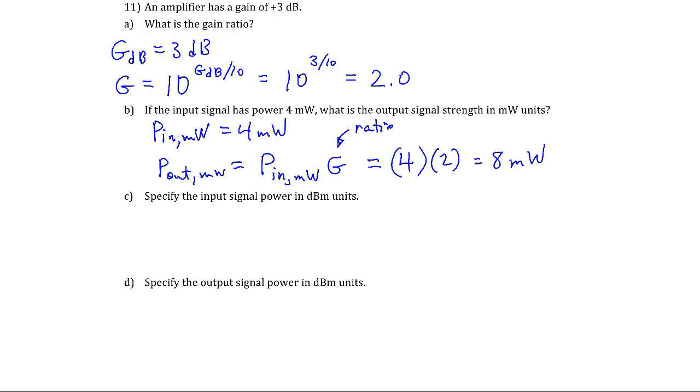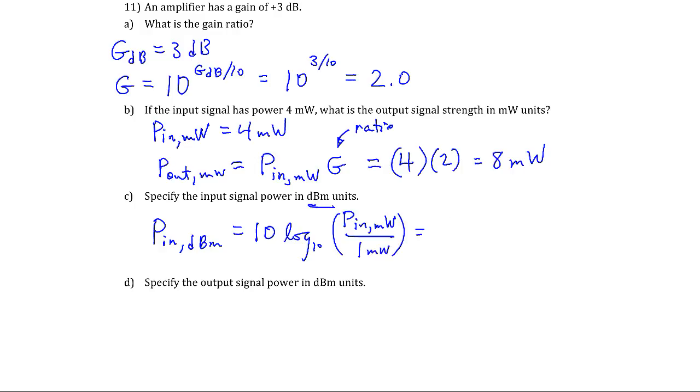Now we're going to go ahead and convert our input power into dBm units. P in dBm is 10 log base 10 of P in milliwatts over 1 milliwatt. And this is 10 log 10 of P in milliwatts, which is 4.